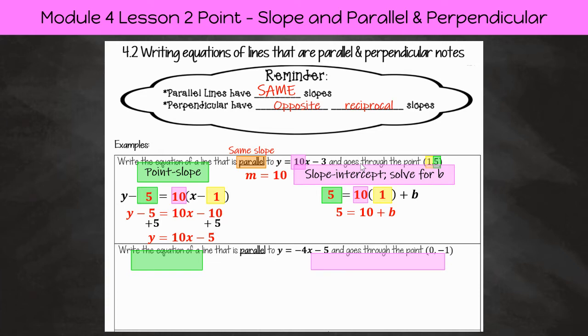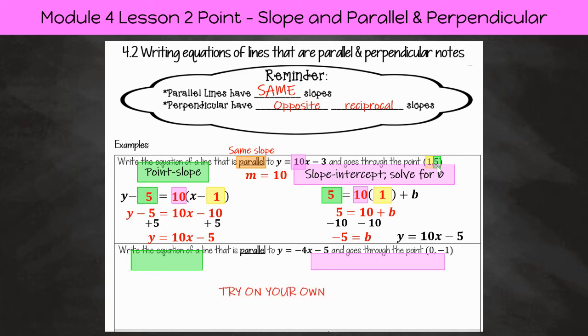And 5 is equal to 10 plus b. So then I have to subtract 10 from both sides. And negative 5 is equal to b. So y is equal to 10x minus 5. So now, depending on whichever method you prefer, point slope or slope intercept, either way, you've gotten to an equation that is parallel to y equals 10x minus 3, and passes through the point 1, 5.